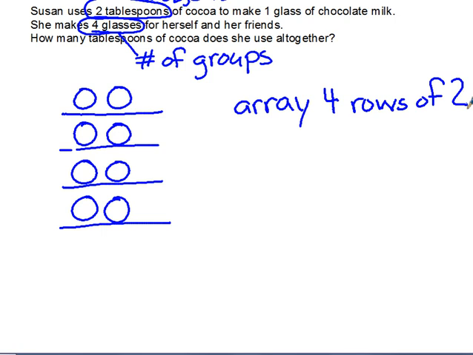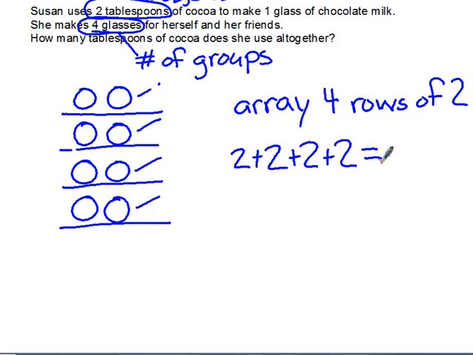They could do 2 plus 2 plus 2 plus 2. They're adding the number of objects, not the number of rows. So we have 2 objects, 2 objects, 2 objects, 2 objects equals 2, 4, 6, 8.